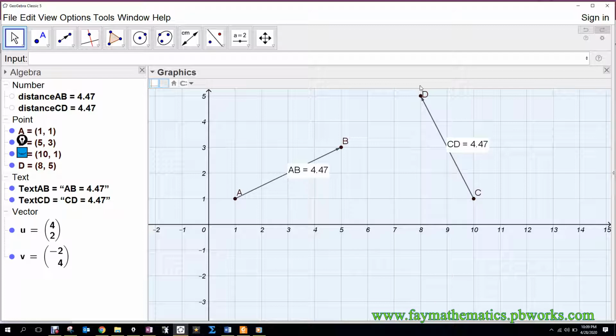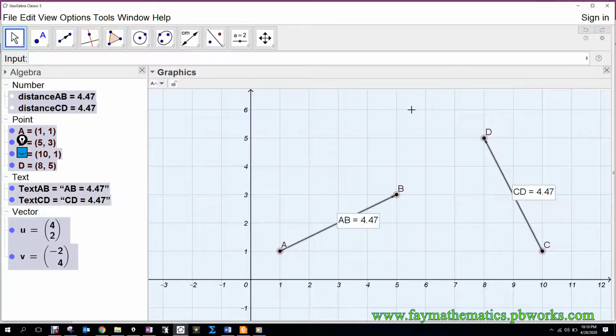The direction of this one would be extending here and then finding that angle. And that angle there is much bigger than this angle here. So you can have vectors that have the same length but different directions. Therefore, they're not the same vector.